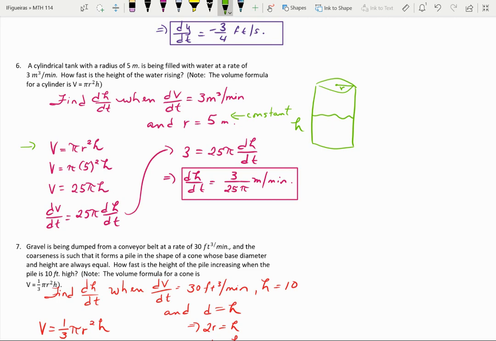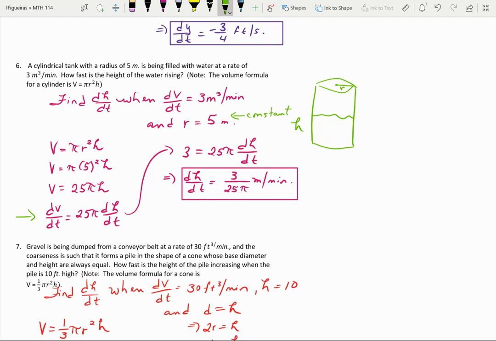But don't take the derivative yet. First substitute 5 in for r. So V is equal to pi 5 squared h, which is V is equal to 25 pi h. Now we're ready to take the derivative of both sides. The derivative of V is dV/dt. The derivative of 25 pi h, remember 25 pi is the coefficient of h, so the derivative on the right side is 25 pi dh/dt.